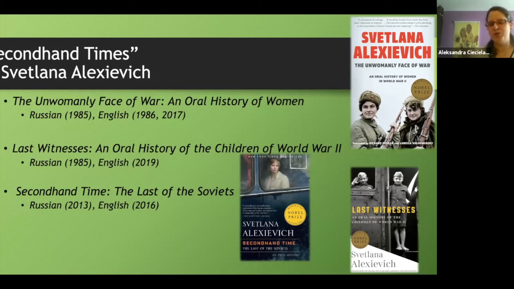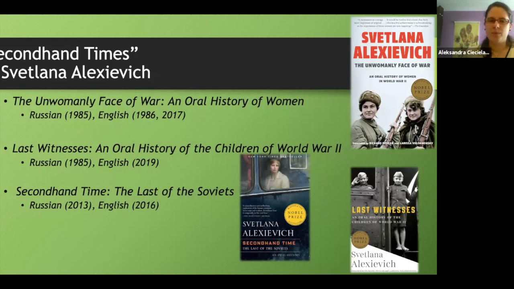She is often portrayed as a Belarusian author, but she doesn't really assign herself to any specific ethnicity. Fact is, she writes in Russian. She won the Nobel Prize in Literature for 2015. As you can see, after 2015, a lot of her books were translated into English. My guess is because she got the Nobel Prize.